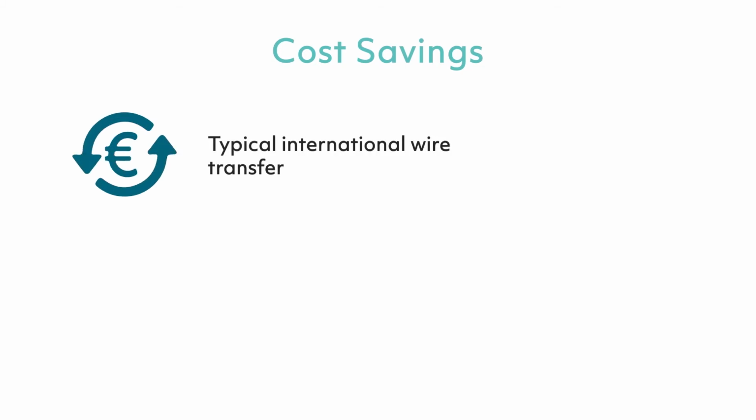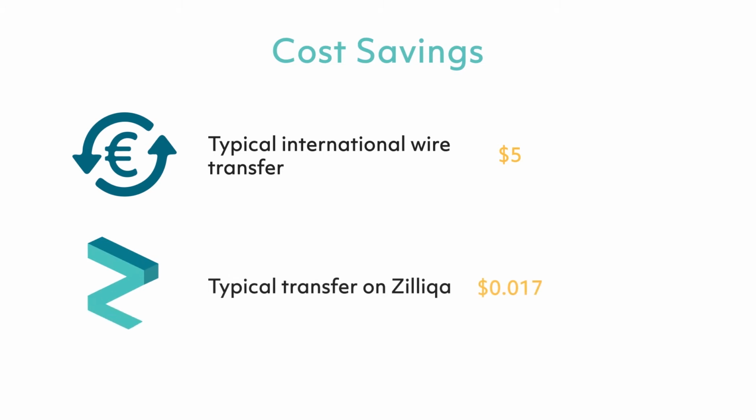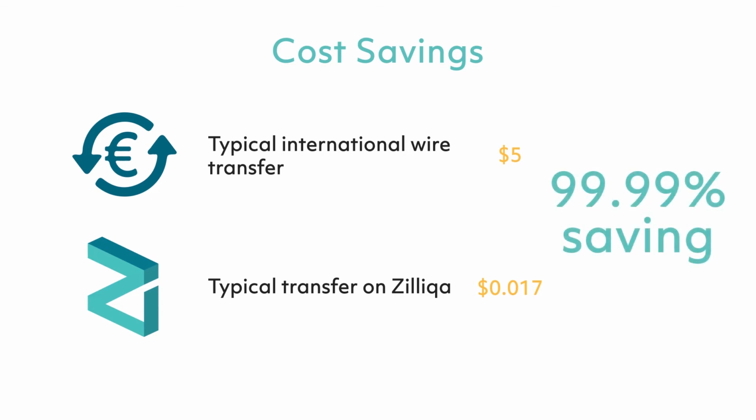At the same time, this eliminates the cost, and as a reference, a typical international wire transfer which would cost $5 would cost 0.017 cents if the transfer was conducted on the Zilliqa network, representing a 99.99% cost saving. Let us now go back to the second type of accounts, a contract account.